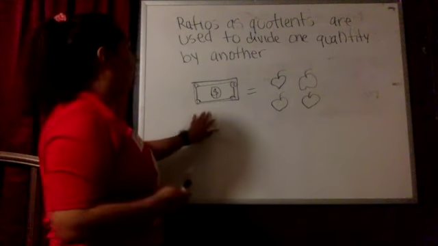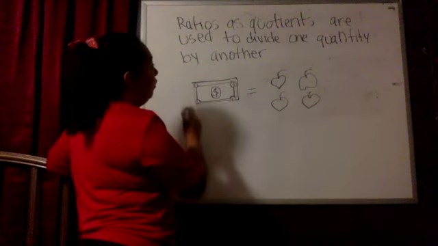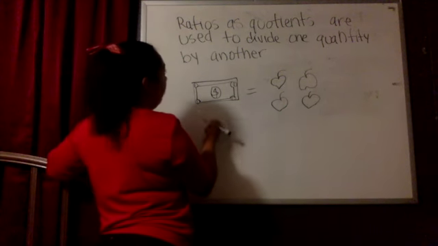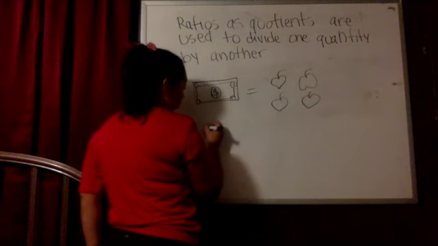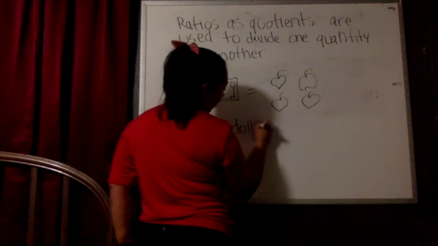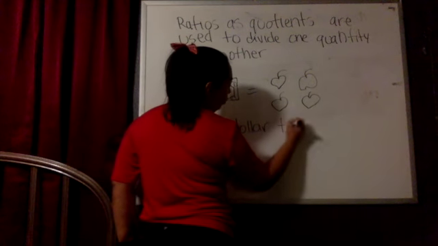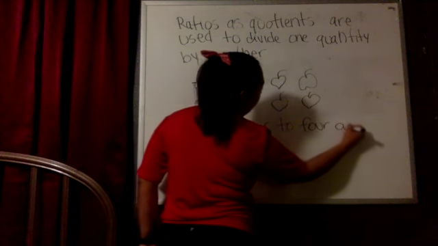Okay, so $1 divides 4 apples. If we write it in a sentence, it would be $1 to 4 apples.